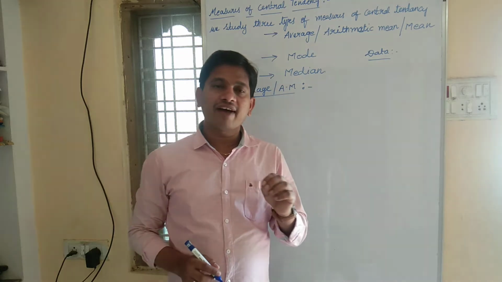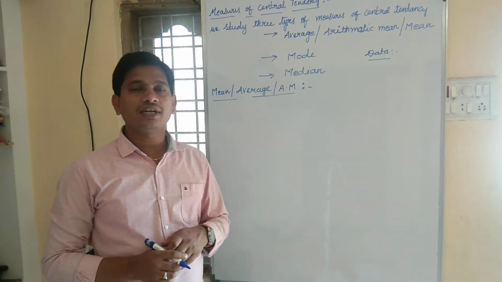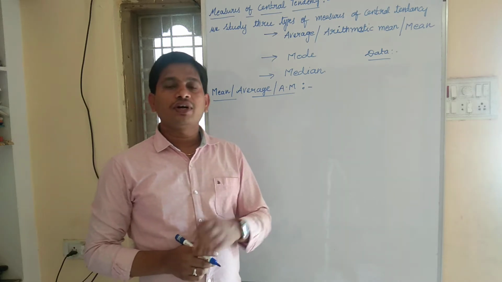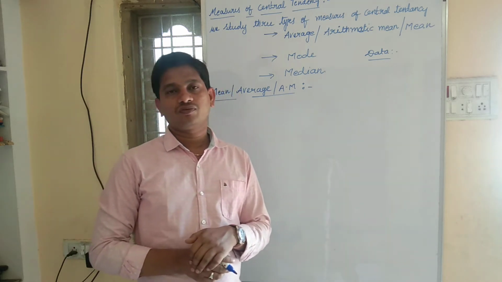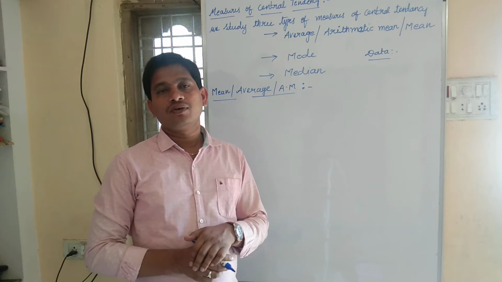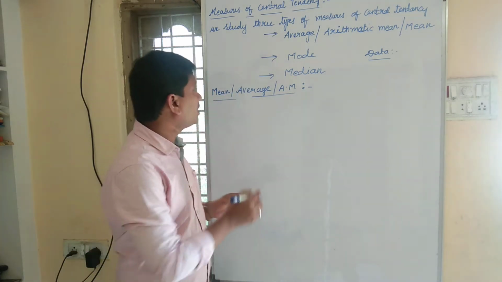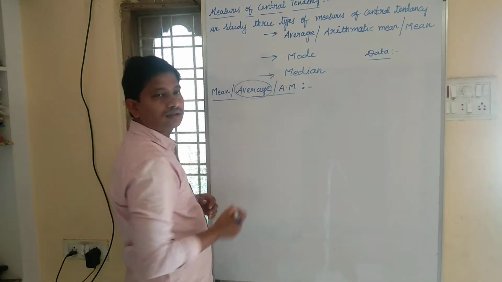What do you mean by average? Generally we will say, what is the average of first 5 prime numbers, and what is the average of first 7 even numbers. So children, what is the meaning of average?